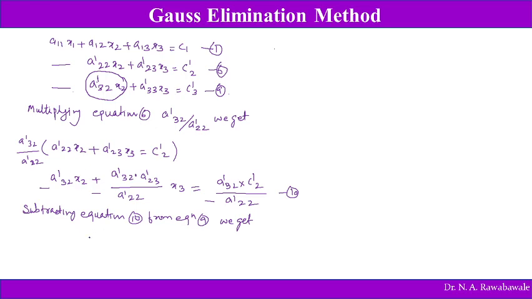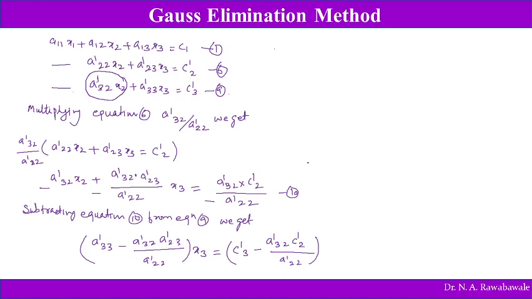What remains is a'33 minus a'32 a'23 divided by a'22, times x3, which is equal to c'3 minus a'32 c'2 divided by a'22.